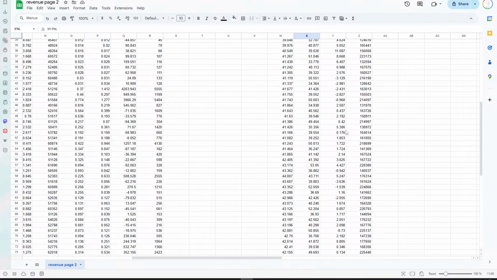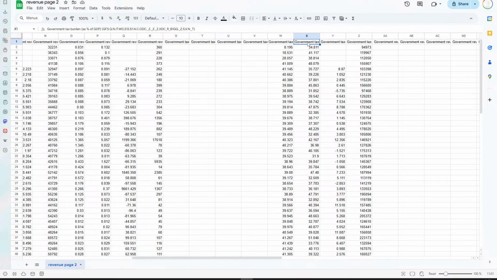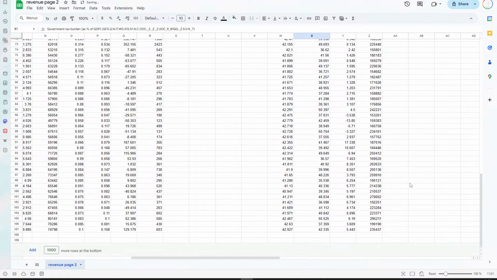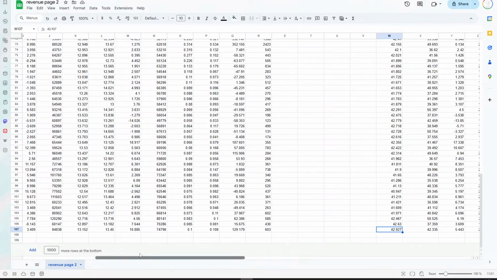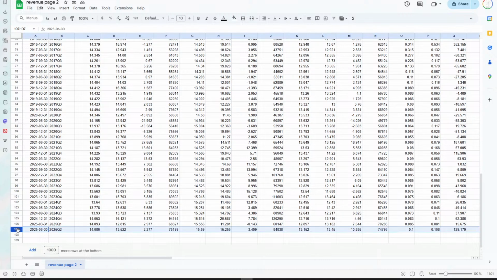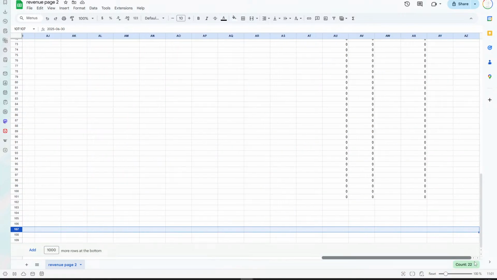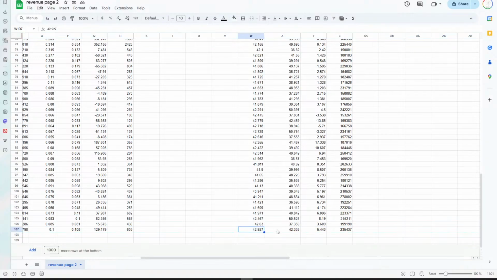Yeah. So we see here that government tax burden as a percentage of GDP is now 42.9, 43% as of Q2 2025. So fiscal pressure is high.